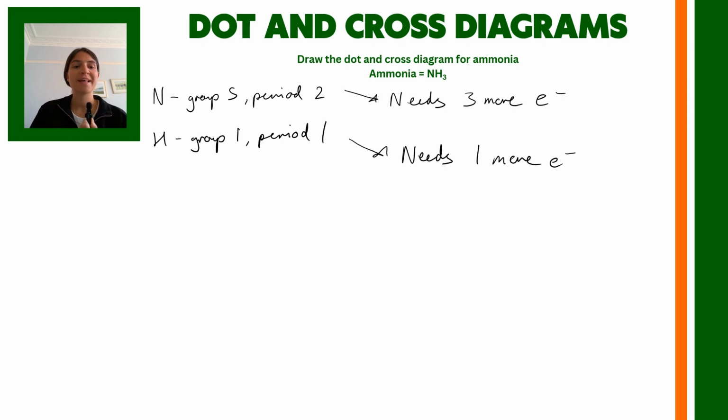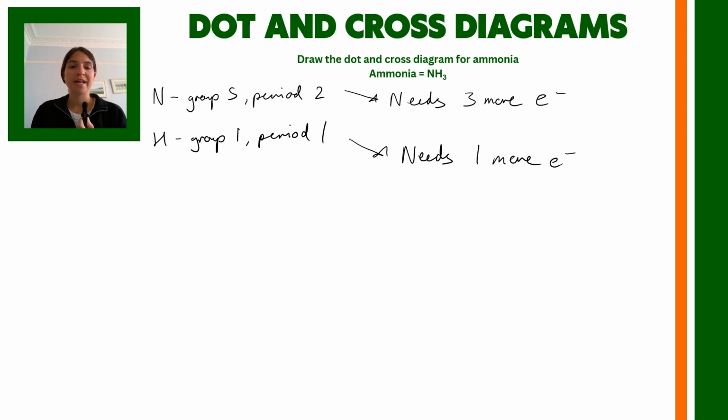That tells me that my nitrogen needs 3 more electrons to fill that outer shell. It's in group 5, it has 5, but could have 8, so it needs 3 more. And my hydrogen only needs 1 more electron. It's in group 1, but because it's in period 1, in order to have a full outer shell it only needs 2 electrons in that shell. So it just needs 1 more electron.